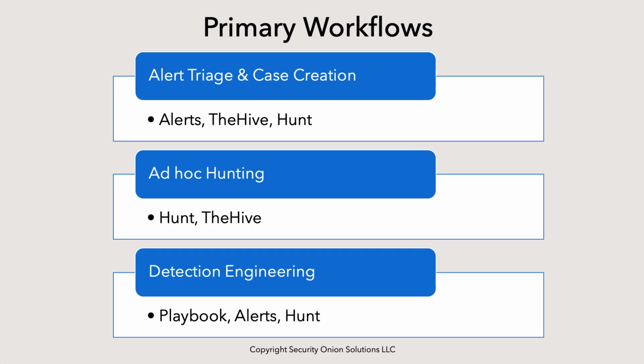All right, we're going to be using Playbook, the alerts interface, Hunt, and some other things related to that. Again, the goal of our course is to work through each of these primary workflows and use a very practical case study alongside that to give you just experience on what that looks like in the real world using Security Onion.